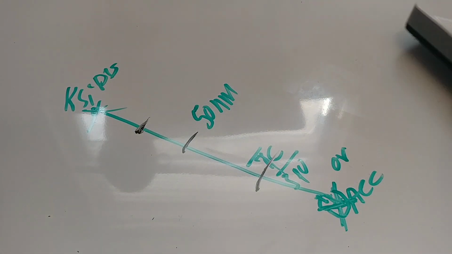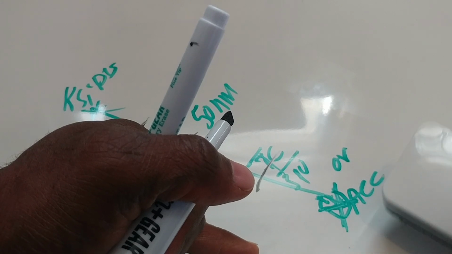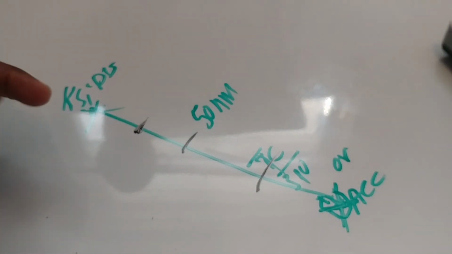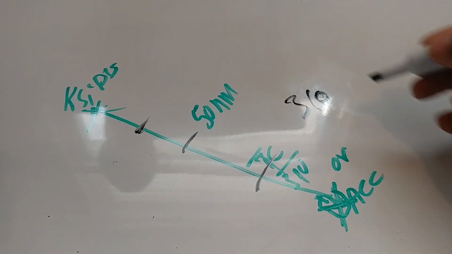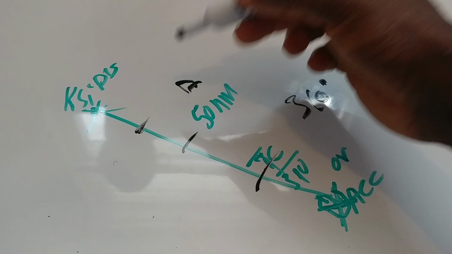So now we have Accra in Ghana to Kumasi in Ghana. Now we know our true course is going to be 310 degrees, and we know the distance is 50 nautical miles. Now, we're going to do this.